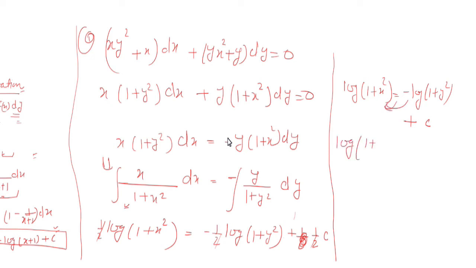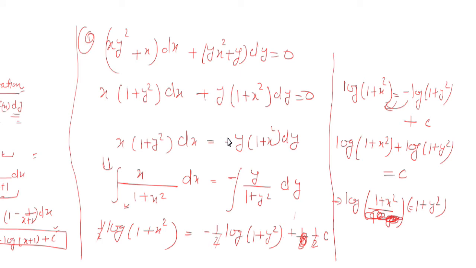You will get log 1 plus x square plus log 1 plus y square equal to C. Now you can write this, sorry, this is plus sign, so both functions will be multiplied as 1 plus x square into 1 plus y square equal to some constant C. Now if you write this constant as log A, as you know the constant is your choice, you can also write the constant as log A, as this will be a symmetric form.